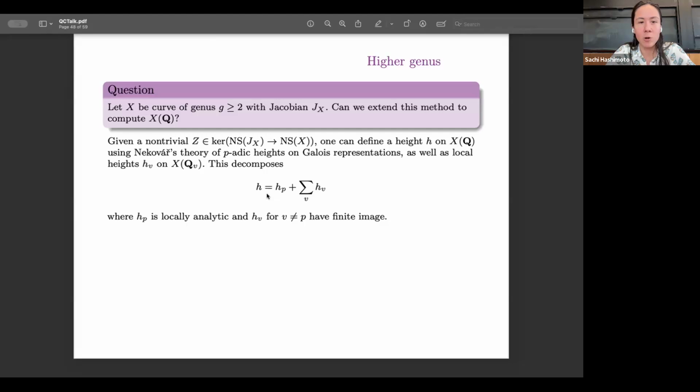And so suppose we have some curve X of genus at least 2, with Jacobian J, then the question becomes, can we extend the previous methods to compute the rational points on our curve? There's a little more notation that has to be set up here.